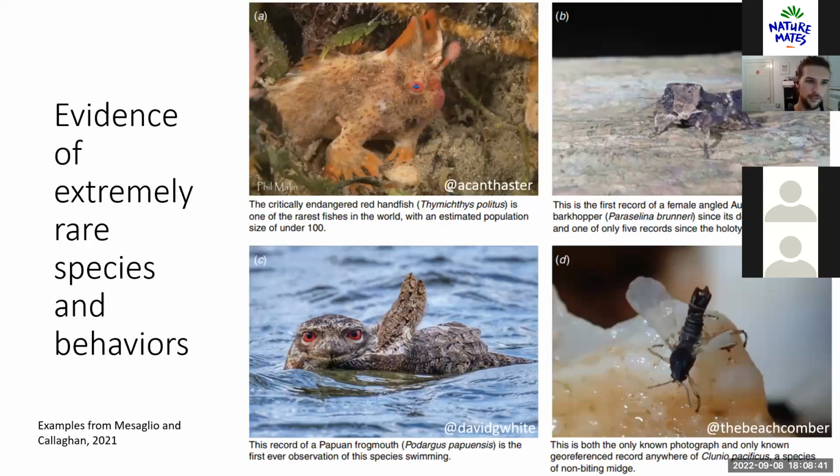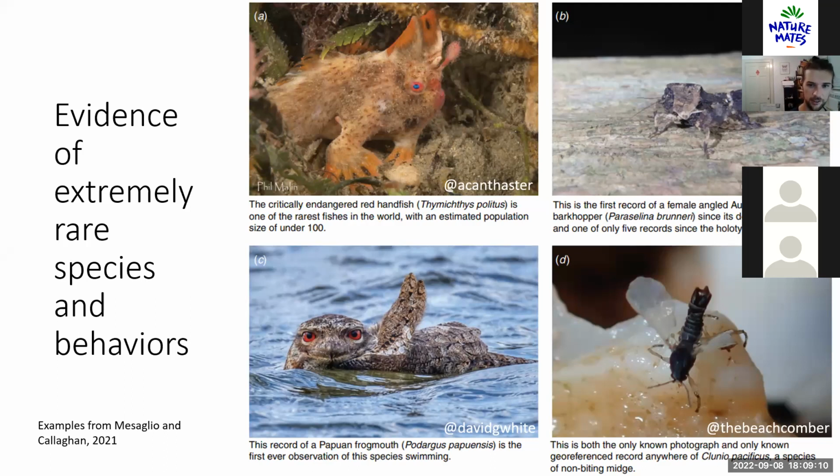And because each observation on iNaturalist is tied to a photograph, these observations can provide evidence of extremely rare species and behaviors. For example, the first record of a female Australian barkhopper since its description in 1887 was recorded on iNaturalist, and it's one of only 5 records since the holotype was collected that was posted on iNat.